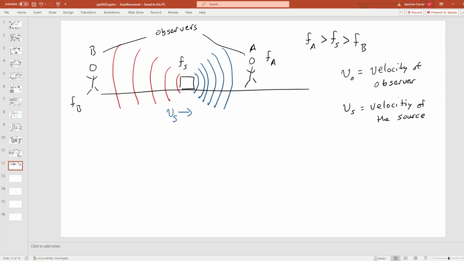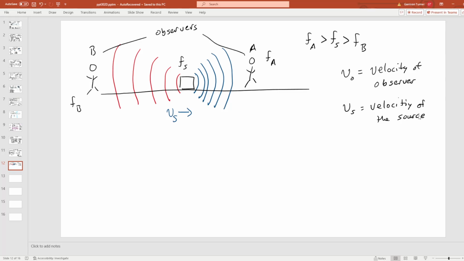Now, there are multiple ways you can go about this, partially because either or both of these can be in motion, and they can be in motion toward or away from each other. But the formulas that we're about to write down, we're just going to justify on the basis of the arguments that we've just made. There are formal derivations for this, but we're going to table that for the moment and just give you the punchline.